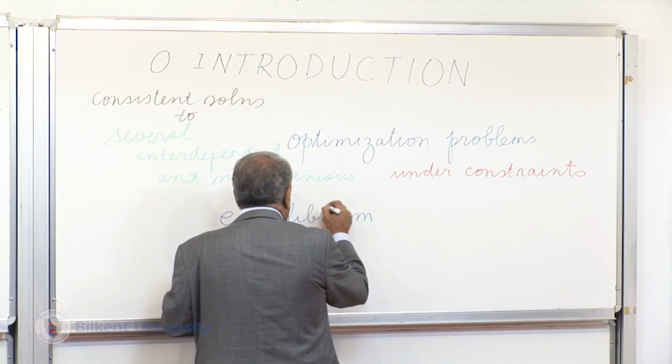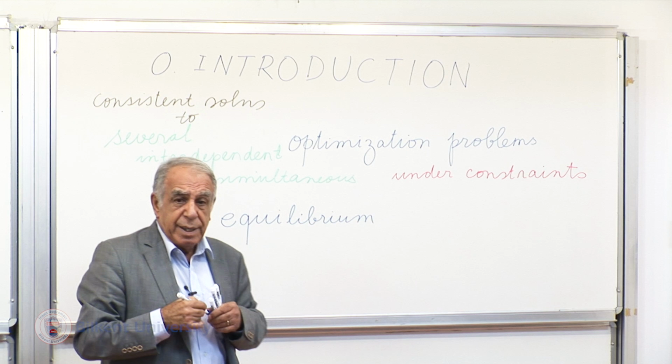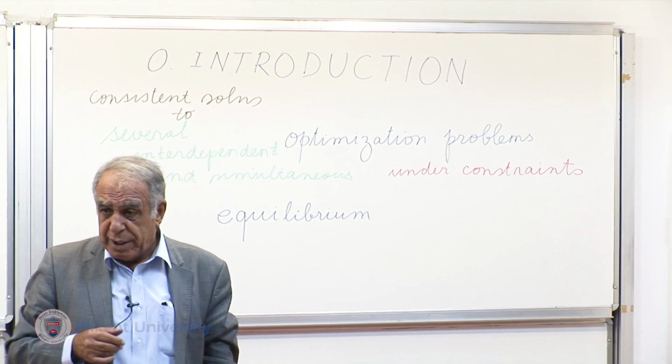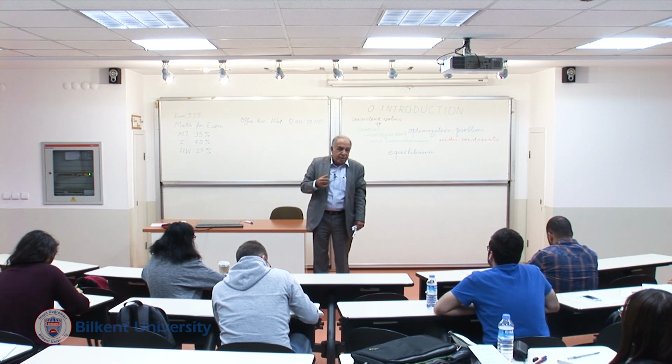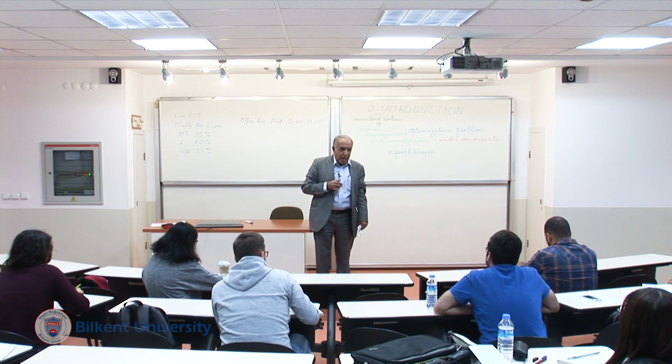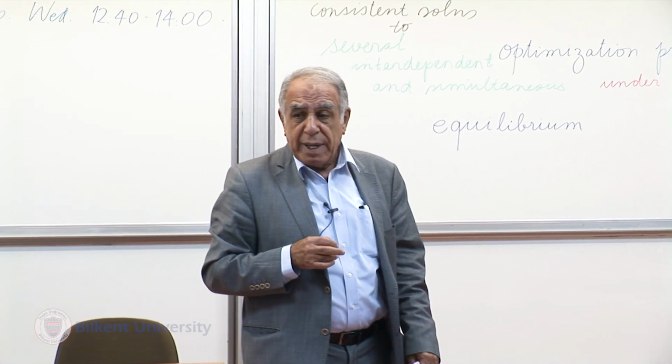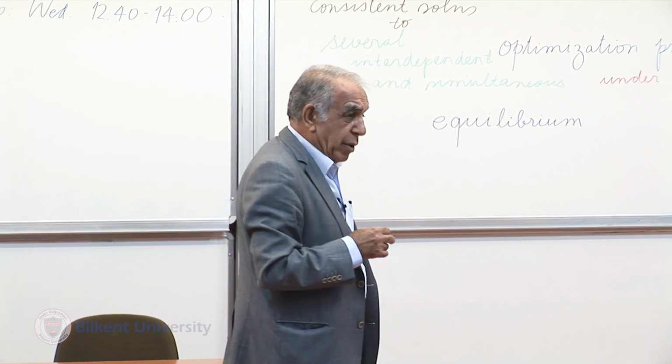Again, we have the question of whether an equilibrium exists or not, and if it exists, whether it's unique or not. Here, the main mathematical tools that will be used are as follows.